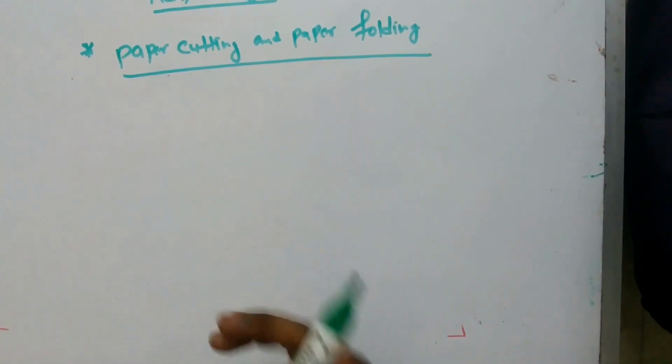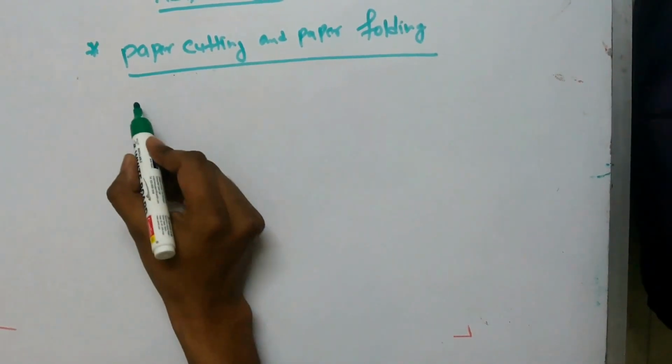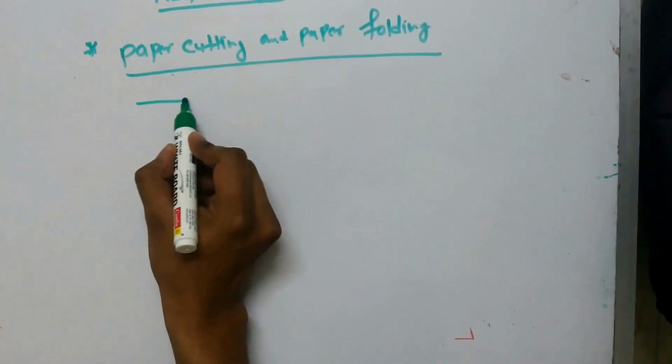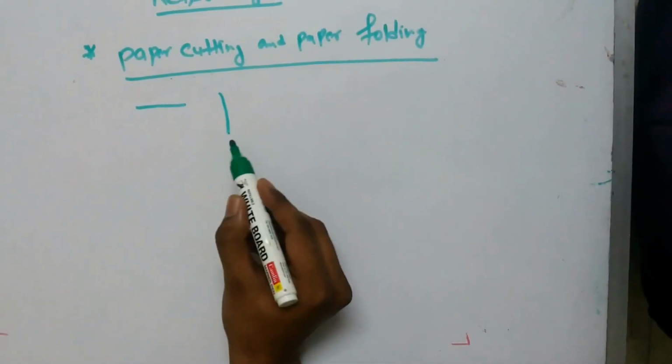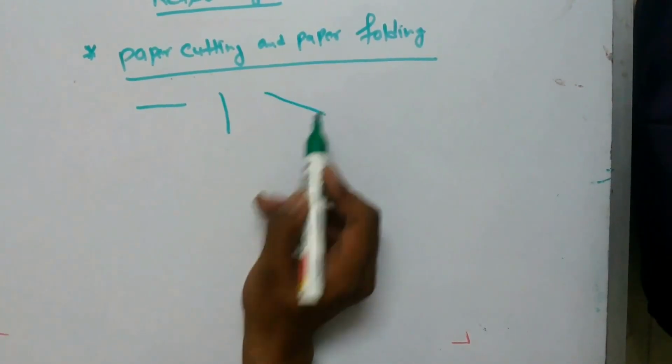Now I am telling you, three types of folding will basically come. The first one is horizontal, the second is vertical, and the last is diagonal. These types of folding are done in paper folding or paper cutting reasoning.